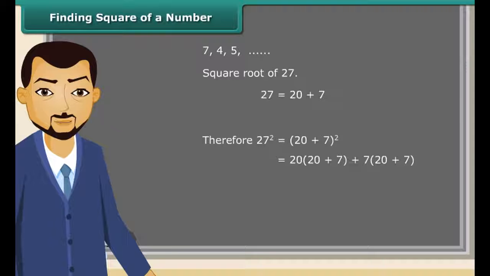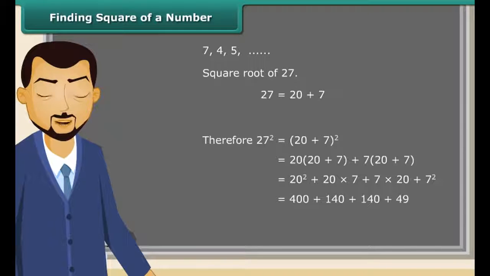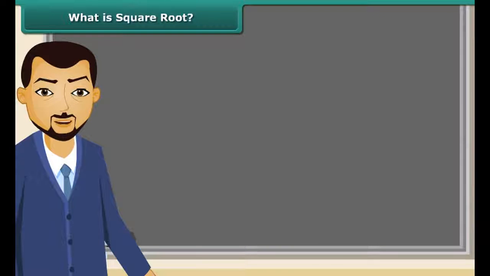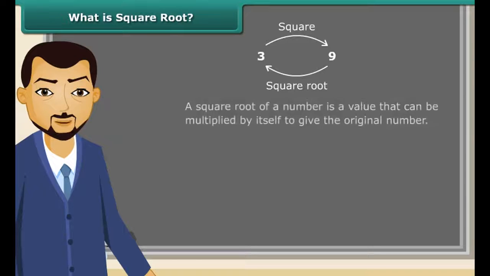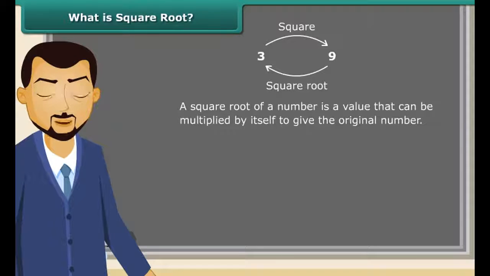Therefore, the square of 27 is equal to (20 + 7) whole square, which is equal to 20 into 20 plus 20 into 7 plus 7 into 20 plus 7 into 7, which is equal to 20 square plus 20 into 7 plus 7 into 20 plus 7 square, which is equal to 400 plus 140 plus 140 plus 49, which is equal to 729.